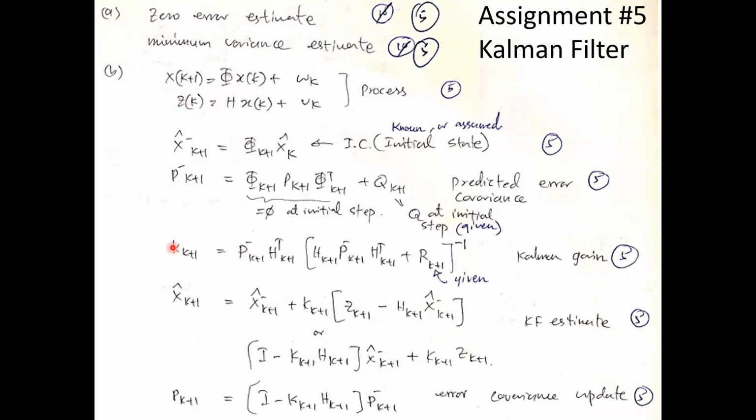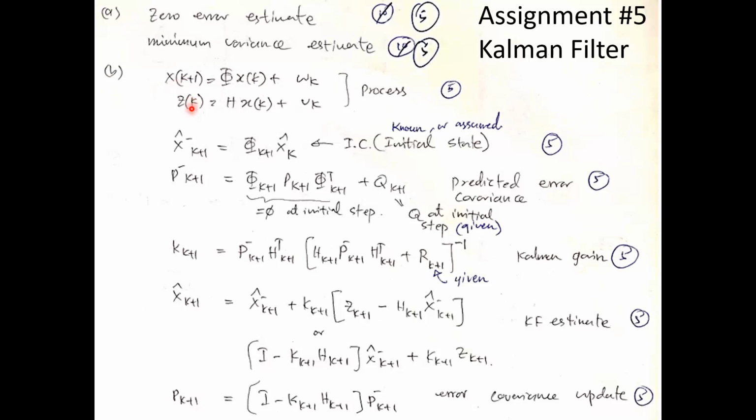So that's why you need the gain to decide how much you trust the sensor and how much you trust the process estimation. You know the previous state and you want to calculate the present state. You can do that using the system dynamics, and how much you believe that, right?